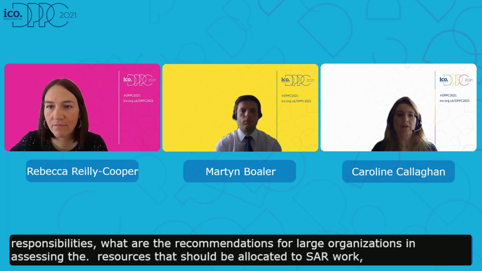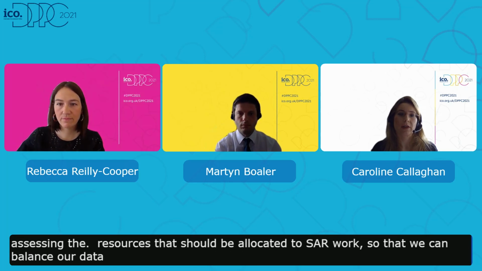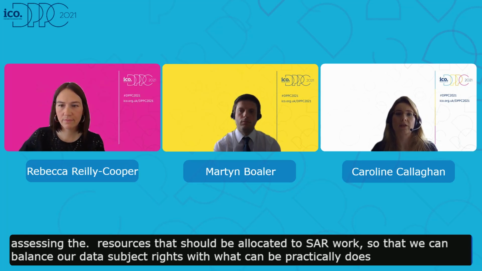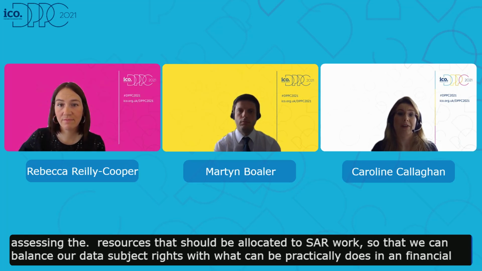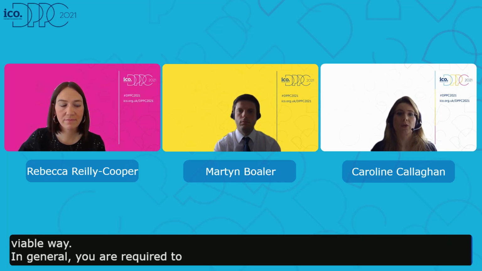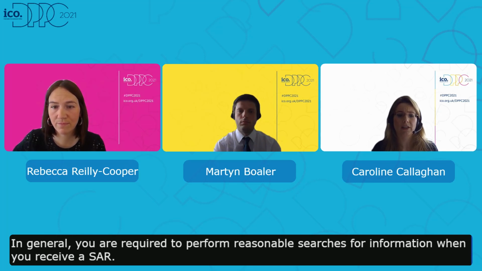Okay, well, in general, you are required to perform reasonable searches for information when you receive a SAR, and how an organisation allocates resources is really down to them. It's not something we could provide very specific advice on, to be honest. But what we would say is that the same options are available for larger organisations as they are for smaller organisations.